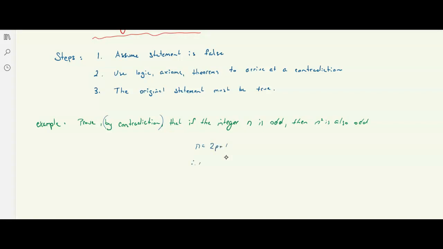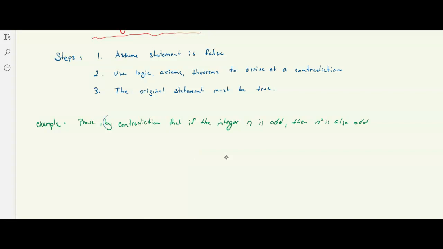And therefore the square of n is 4p squared plus 4p plus 1, which is 2(2p squared plus 2p) plus 1, which is 2 times some integer m plus 1, which is odd. That's the proof done. We are asked here to prove by contradiction, so we have no choice. We have to use this method.